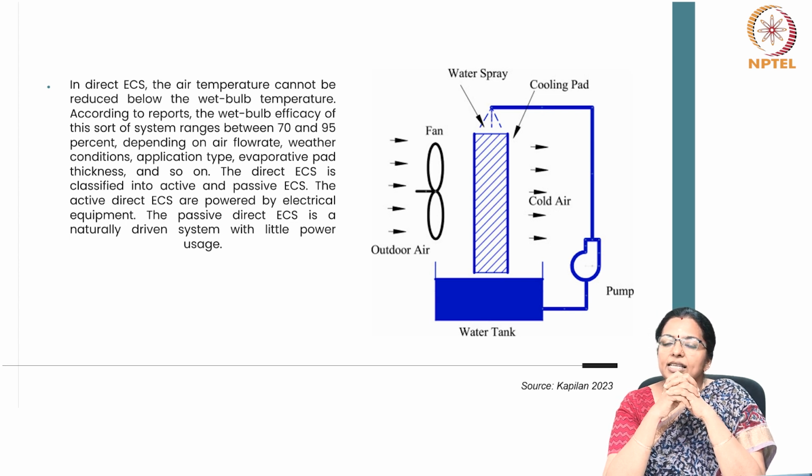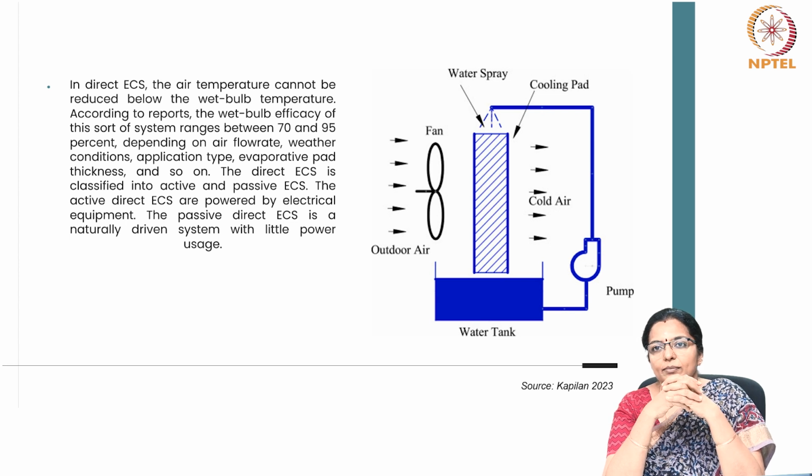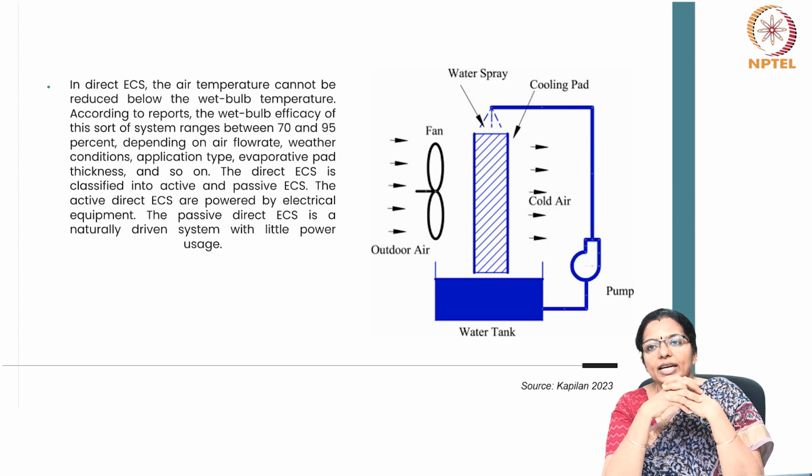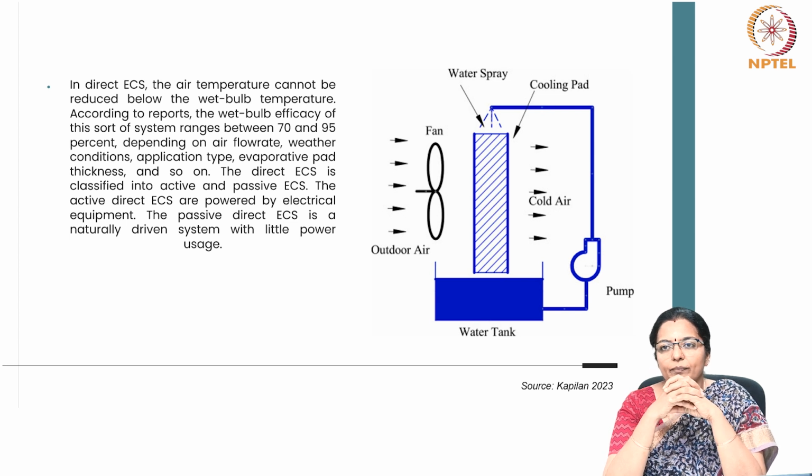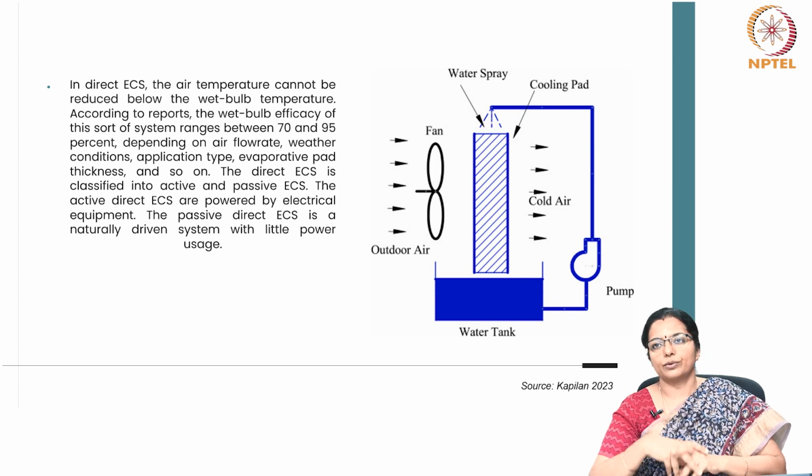The direct ECS is classified into active and passive ECS. The active direct ECS are powered by electrical equipment. The passive direct ECS is a naturally driven system with little power usage.